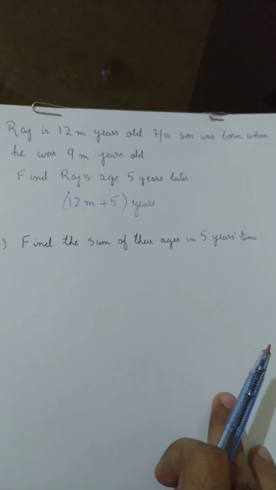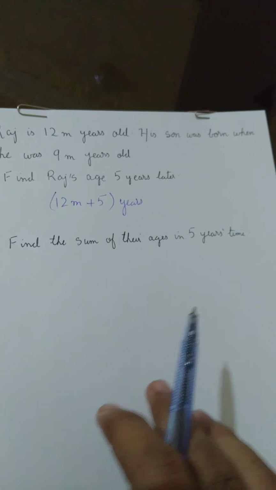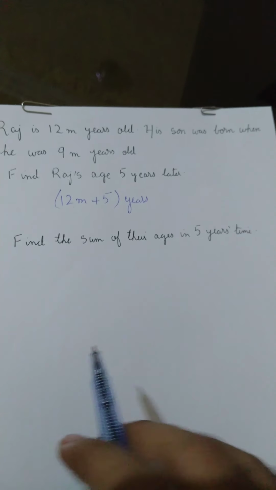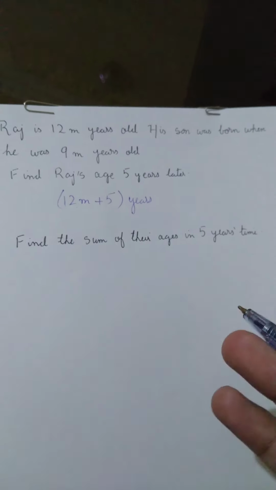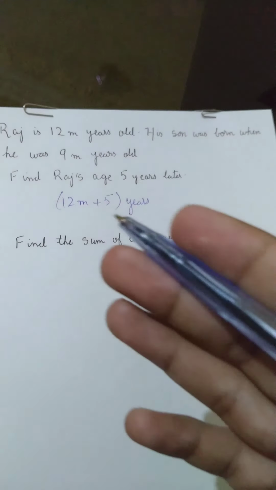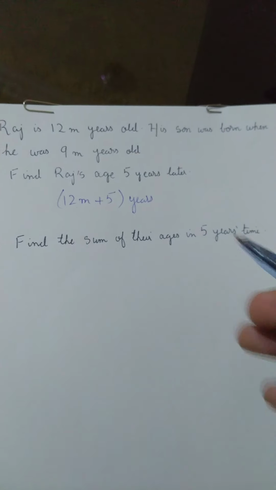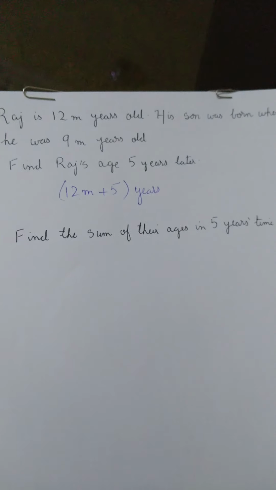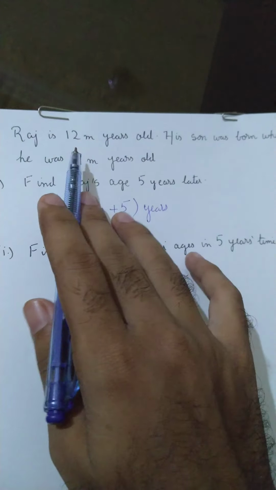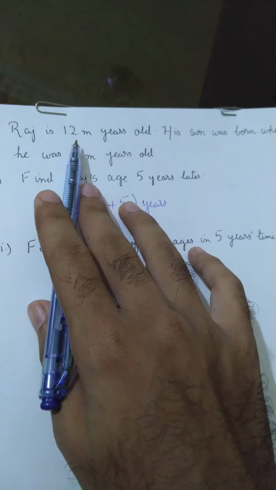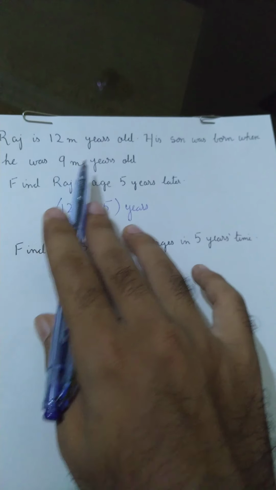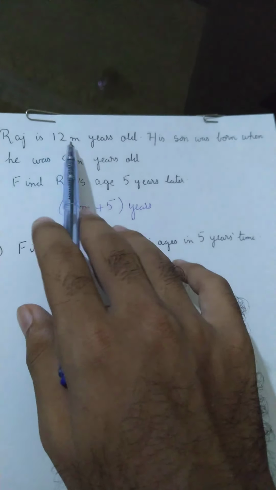Part 2 says find the sum of their ages in 5 years time. Sum of the ages means we have to add their respective ages, Raj and his son's ages in 5 years. We know that Raj's age right now is 12m, but we don't know how old the son is. We've just been given that Raj is 12m years old.